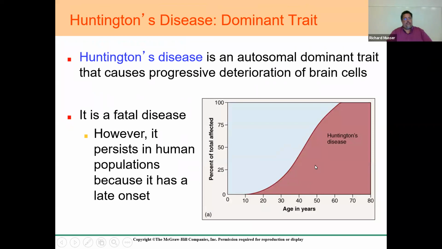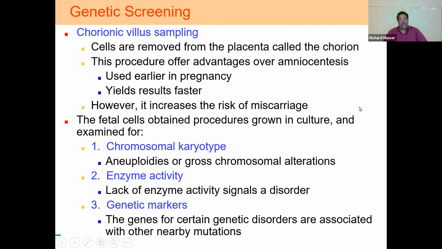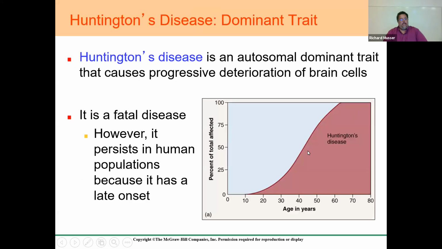However, Huntington's disease shows up more often in populations, even though it's a dominant trait, because it happens after people reproduce. So some diseases will still show up more often, like Huntington's disease, because people are able to reproduce before onset.